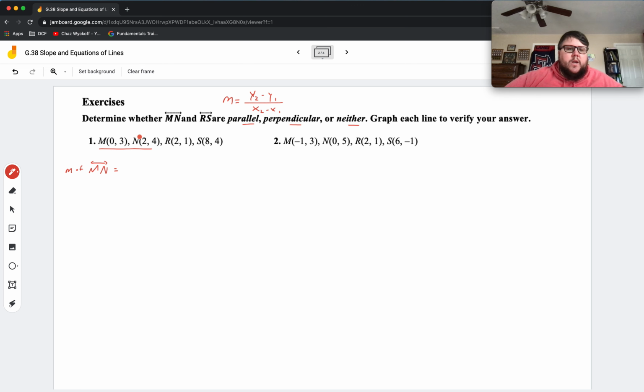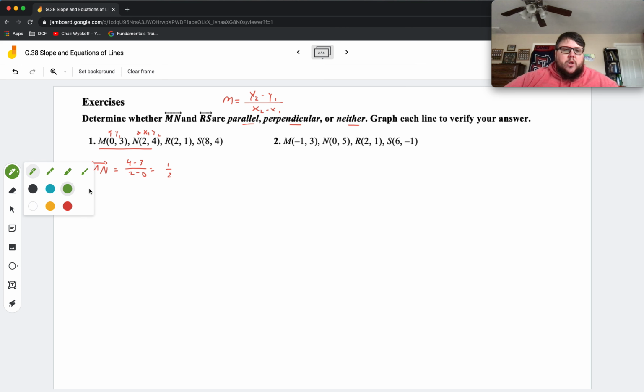So N is our x2, y2, and M is going to be x1, y1. So y2 is 4 minus y1 is 3, over x2 is 2 minus x1 is 0. So 4 minus 3 is 1, 2 minus 0 is 2. So the slope of MN is 1/2.